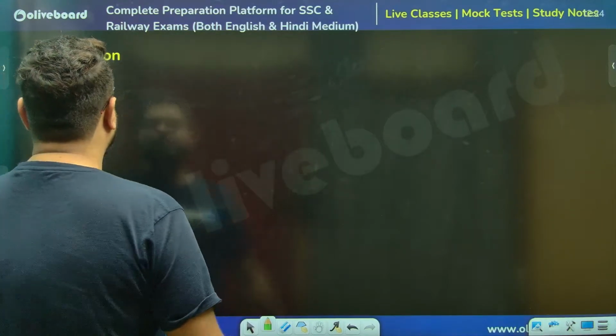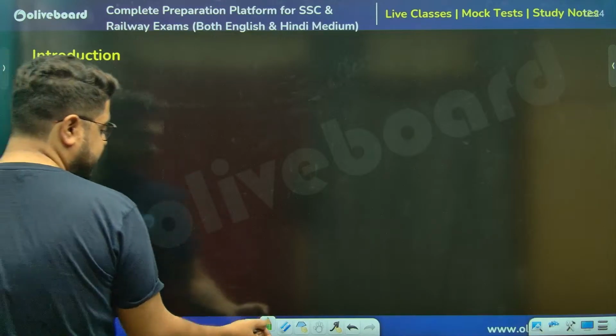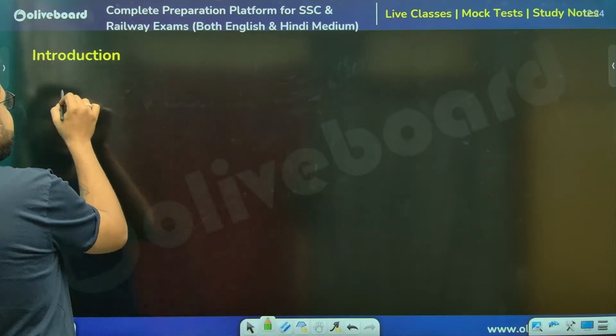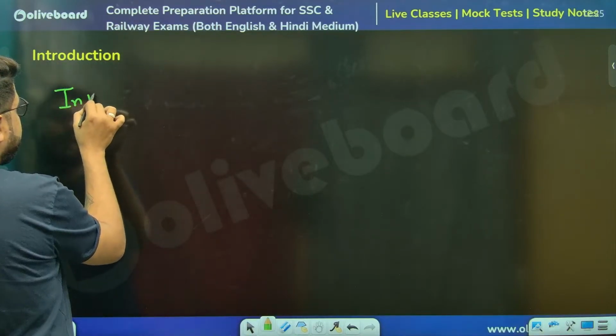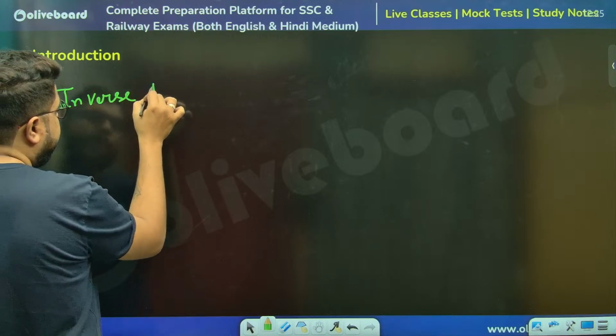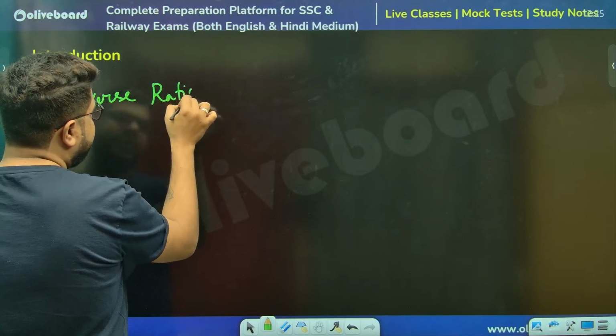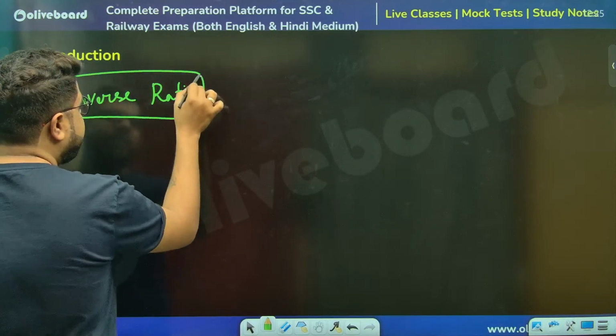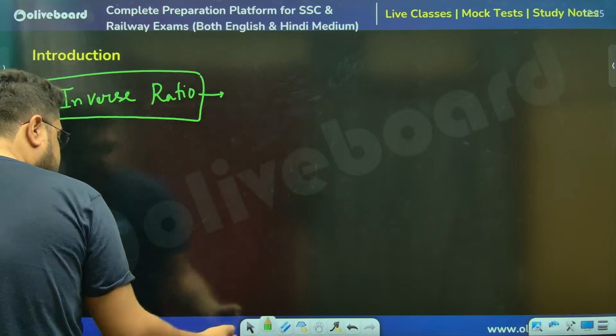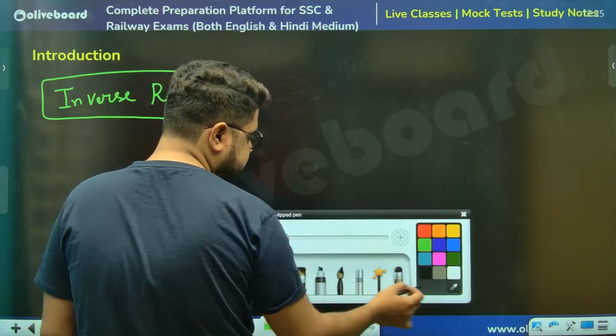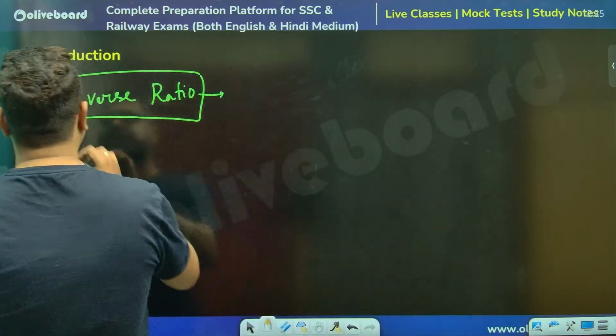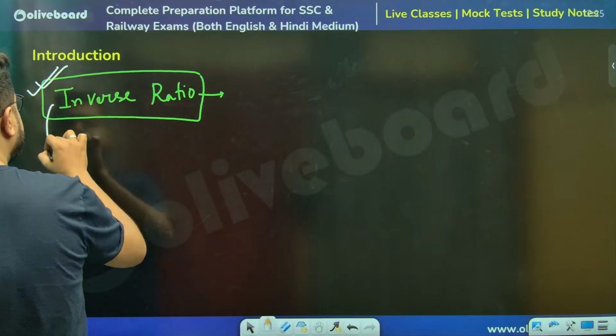Now the next thing that comes is inverse ratio. Again, very, very important. CGL, for some weird reasons, asks you direct questions from here.